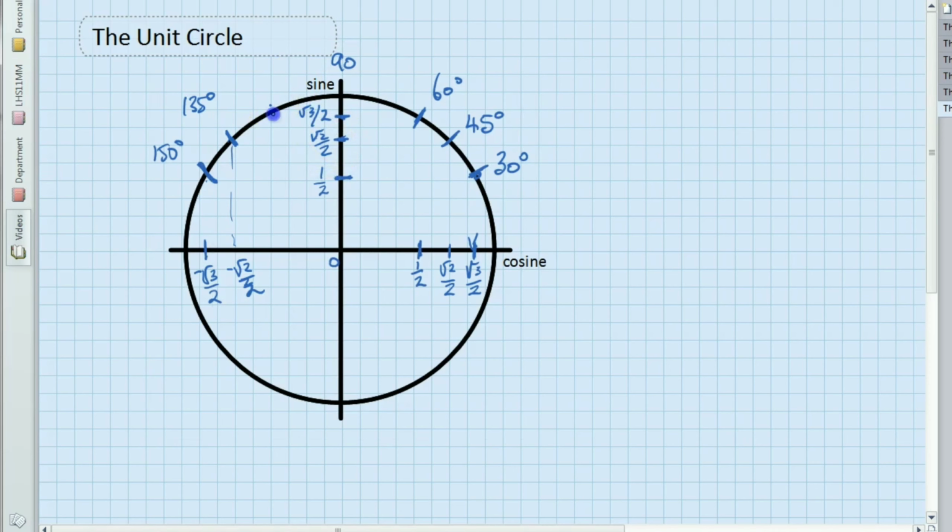And this point here is going to be the 120 degree mark, and the cos is going to be minus a half, and the sine will match up here with root 3 on 2. And this is how we can complete our entire unit circle, and it's all based upon those two special triangles. Remember what they are. They're the 30, 60, 90 triangle and the 45, 45, 90 triangle.